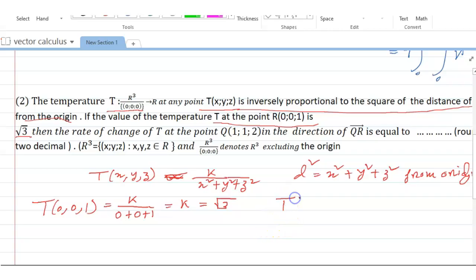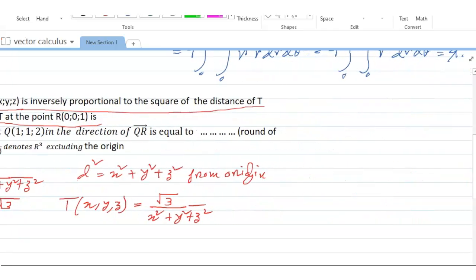So T(x, y, z) equals root 3 divided by x² plus y² plus z².